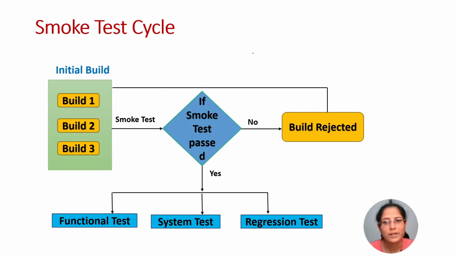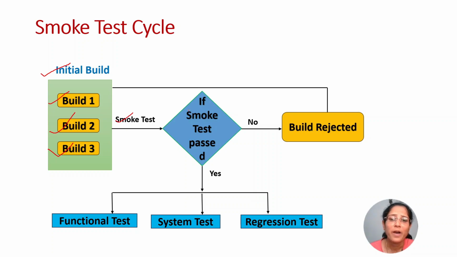So let's understand this smoke testing cycle. If you look at this example, this is my initial build. Let's say I have multiple builds: build 1, build 2 and build 3. Whenever I receive build 1 from the development team, I perform smoke testing.